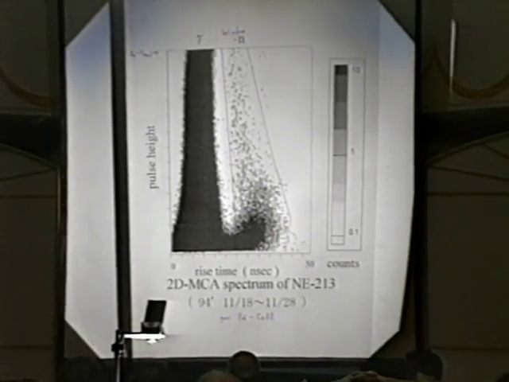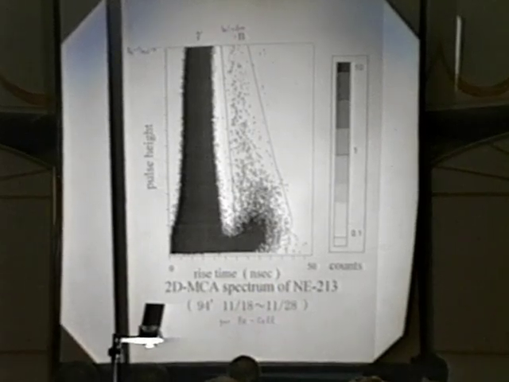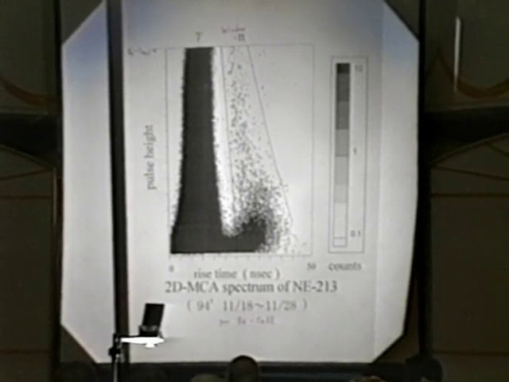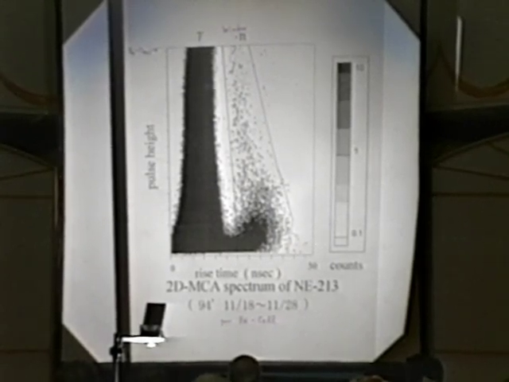And so we discriminate the signal and take the signal within this area as a neutron. So this is a neutron window. And in the natural background, the gamma ray contour has about 1,000 times larger count than neutron. So this kind of separation is really necessary.